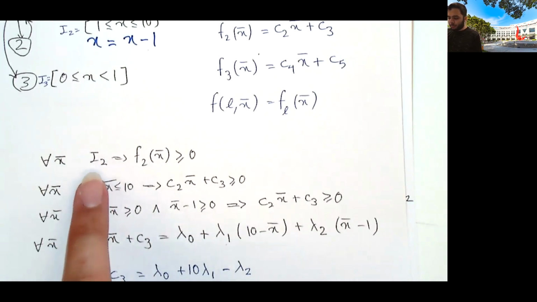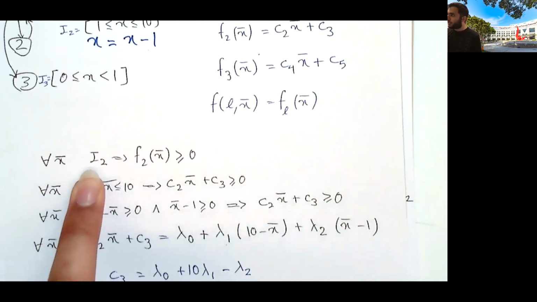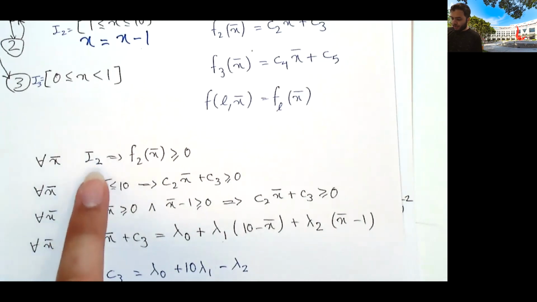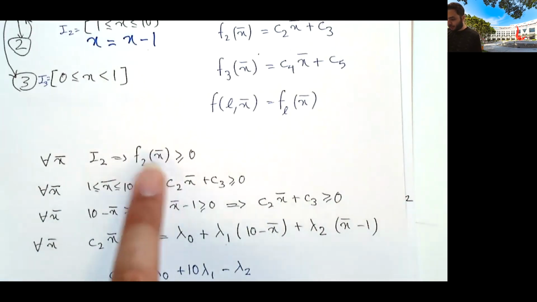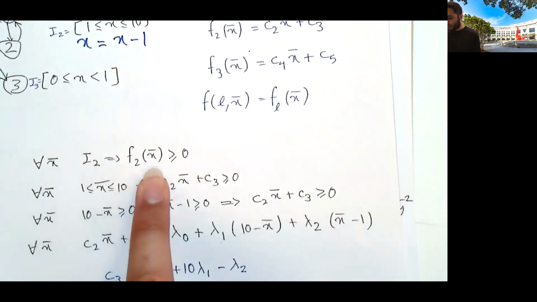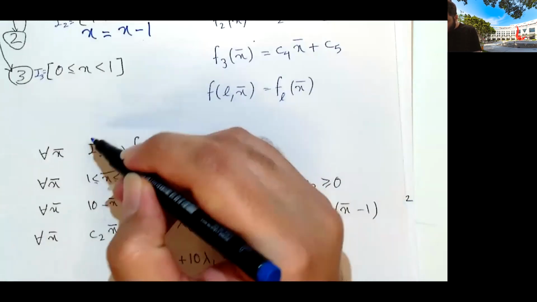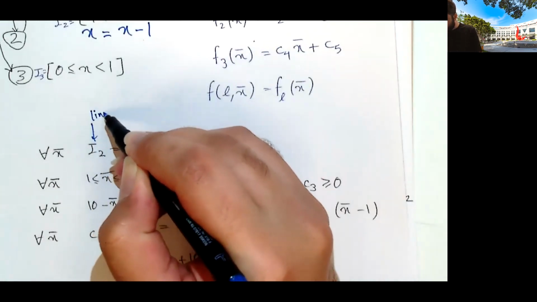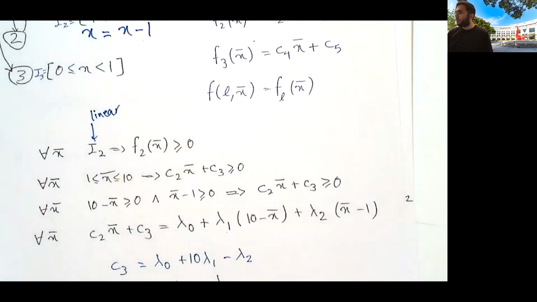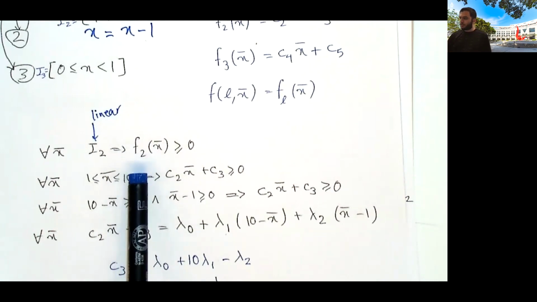So we had a bunch of linear inequalities, and they should basically imply another linear inequality. But the implication right now is a little bit different. So on this side, we are still linear, right? Because we assume that our invariants and programs are linear. But on the other side, we have polynomials.